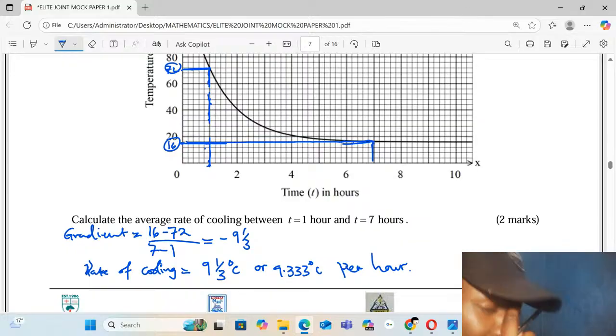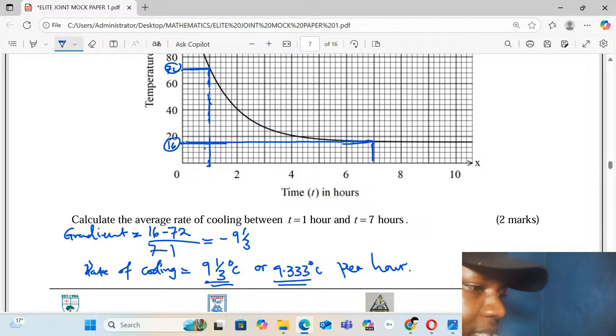You ignore the negative sign because it means it's cooling. Any of the two will be the correct answer.